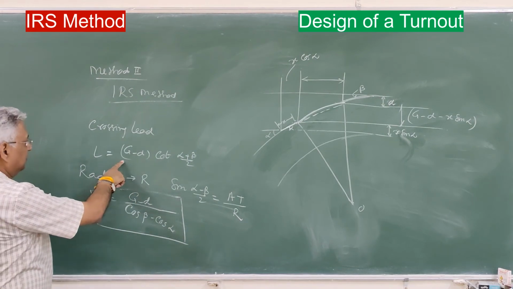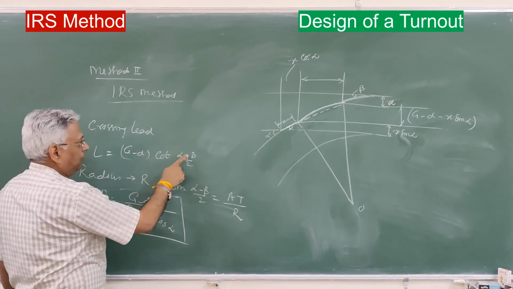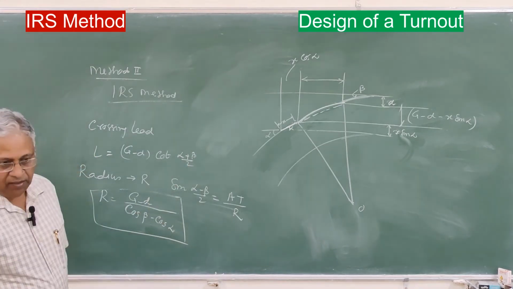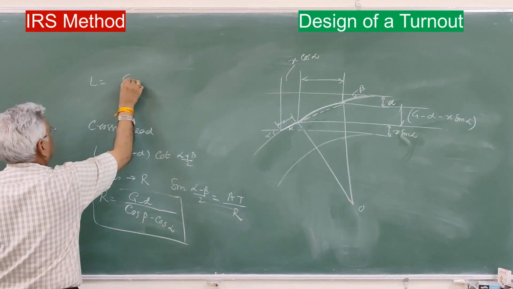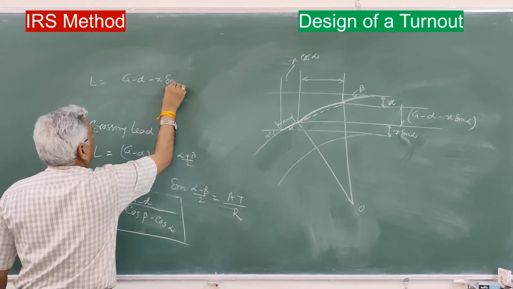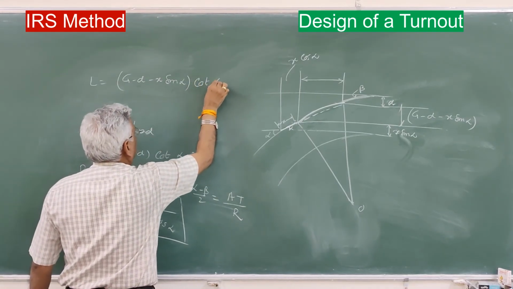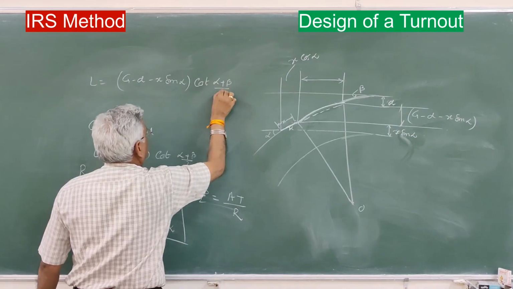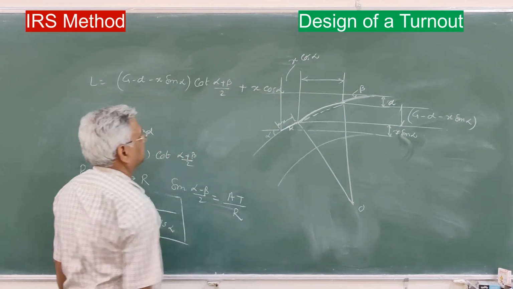So crossing lead will be, in place of G minus D cot alpha plus beta by 2, it will now be L is equal to G minus D minus X sine alpha into cot alpha plus beta by 2 plus X cos alpha.